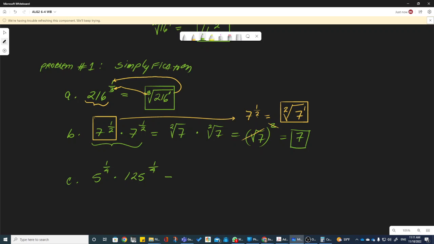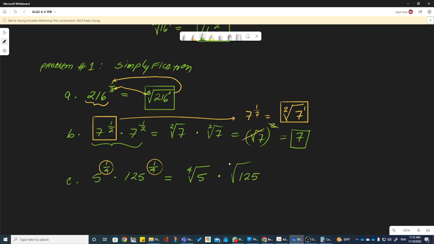So you are going to build your radical expression based on the exponents, which happen to be the same. So this is equal to the root to the 4th power of 5 times the root to the 4th power of 125. Okay?